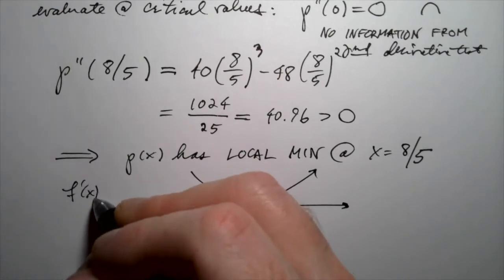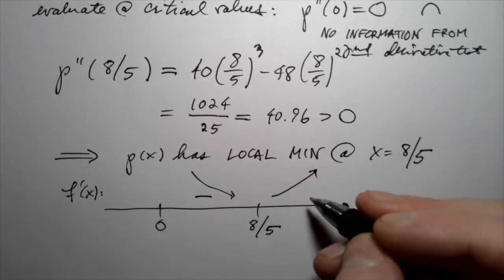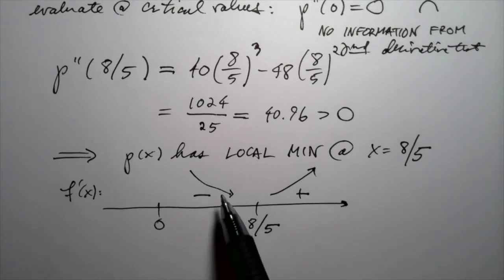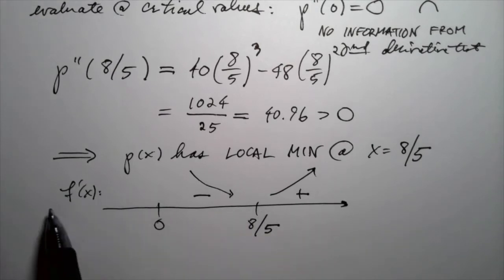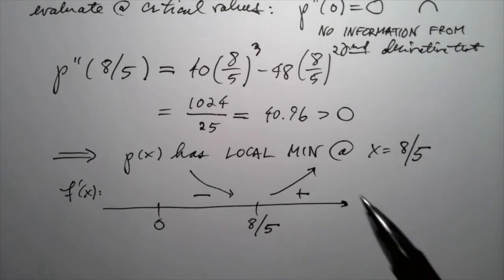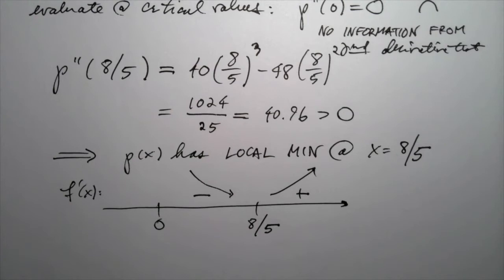So we know that the first derivative will be negative here, corresponding to this decrease, positive here, corresponding to this increase. We don't really know what's happening here, but if we just test one value out here, we're sort of combining the first and second derivative tests here, we'll be able to figure out what's going on.